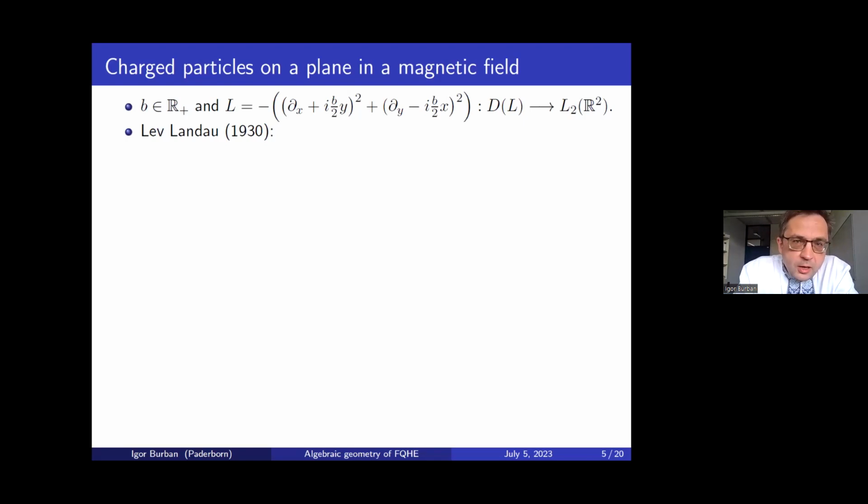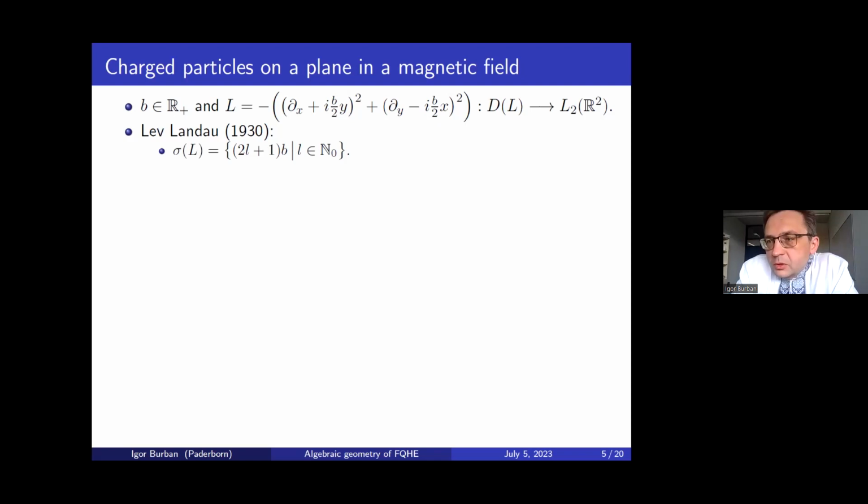And in particular, in the year 1930, he made a work which is now contained in any textbook in quantum mechanics. And there is a very elegant derivation of this result, saying that the spectrum of this operator is actually discrete.